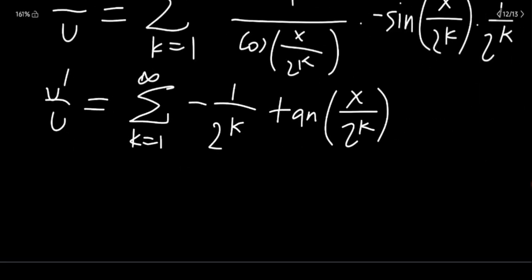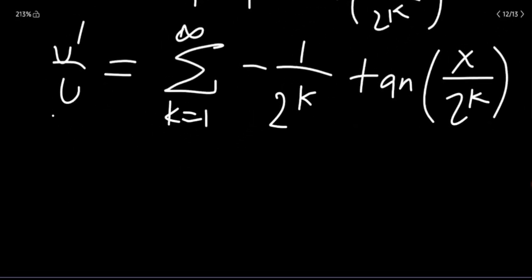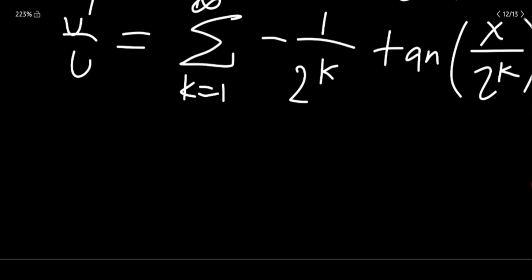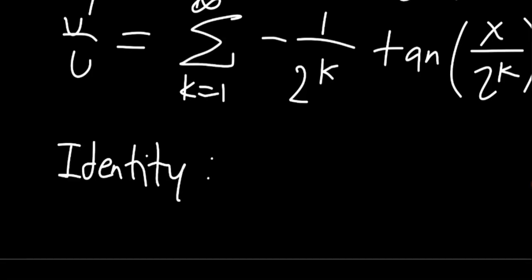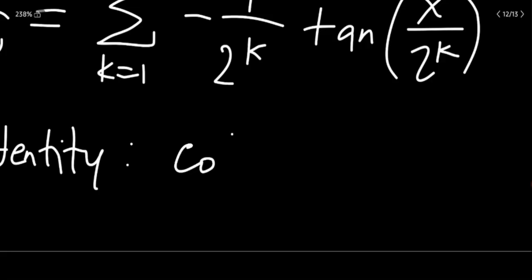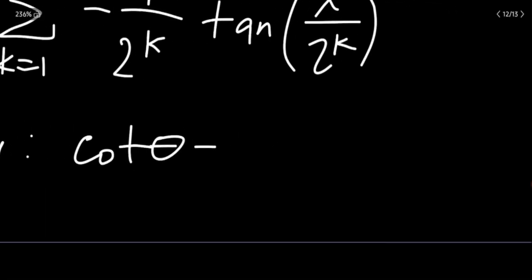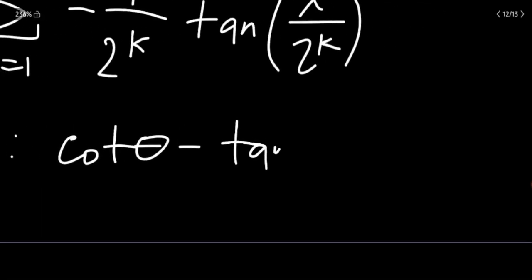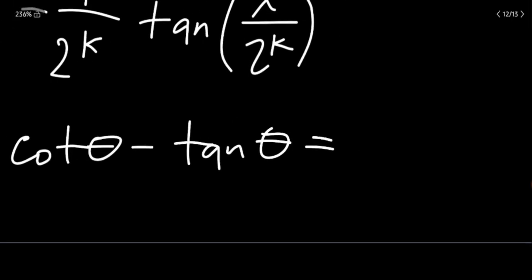Okay, so what do we do from here? We utilize this identity that cotangent theta minus tangent theta equals 2 cotangent 2 theta.